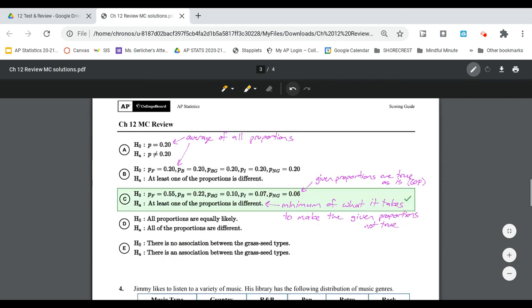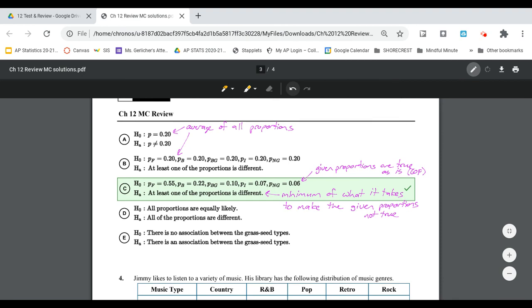Okay, so here are your possible answers. Instead of writing out a sentence, they wrote out a list since there were 5 of them. The 5 proportions matching what they gave us in the table show up in C here. It's the only one that has the correct HO. And then they said for their HA, at least one of the proportions is different, which is a way in a sentence to say all 5 of those proportions are not true.